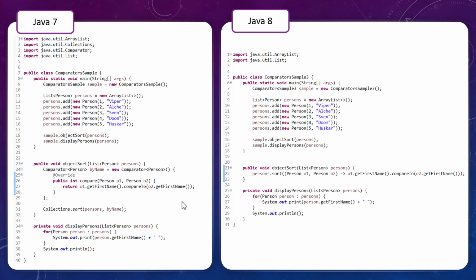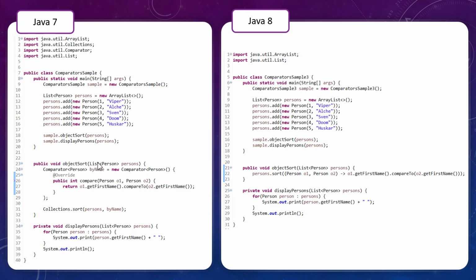Alright, so here is a full example in Java 7 and Java 8. In our example, we have a class ComparatorSample, and then we have the main method. We declare the ComparatorSample so we can use it, and then a list. We initialize the list with the following persons: Viper, Alkes, Van, Doom, and Ascar. And then sample.objectSort. This is actually the implementation of our sorting.